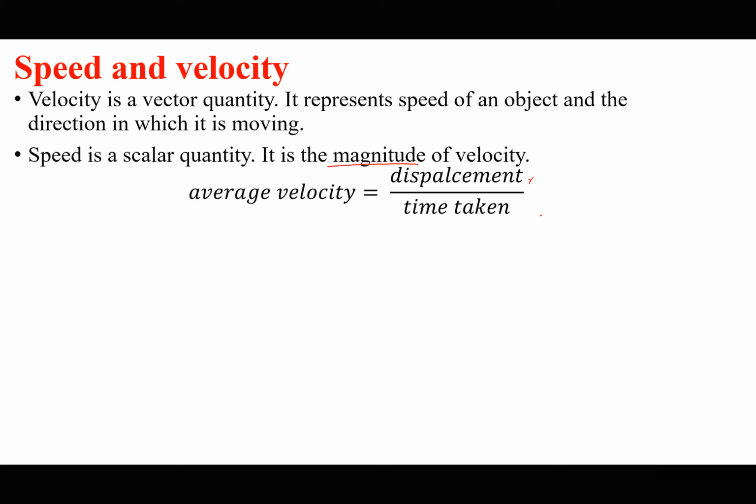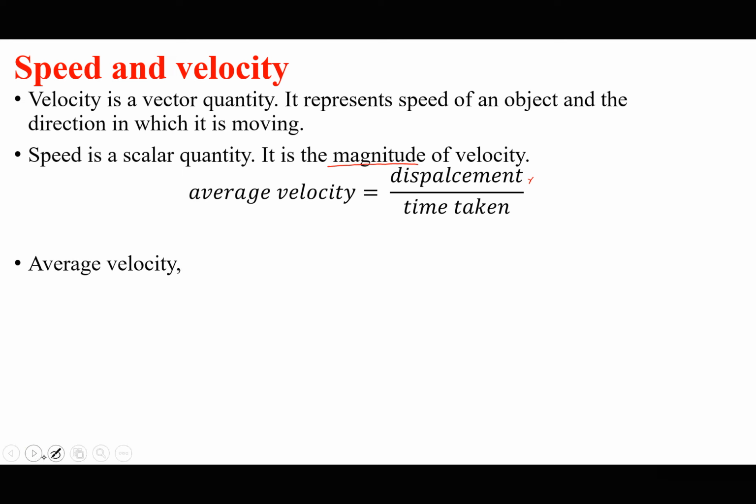Remember, displacement is the straight line distance. So we just get the first point and the final point, and we get the straight line distance between the two points. Yet for speed, we must sum up the distances between several parts until we reach the final point. So average velocity is going to be displacement divided by time taken.